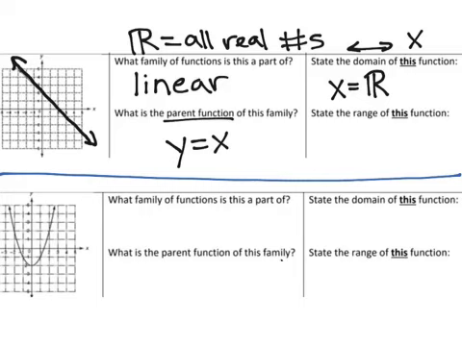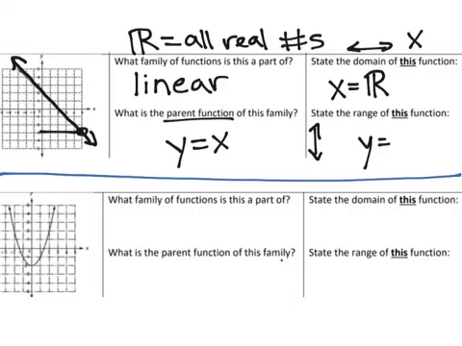Alright, so then the range, we're talking about how far it goes up and down, and we're going to use y to talk about that. So along the y-axis, which is there, how far up and down does it go? And just the same, if we go down to say -3, we could come over and find a point.